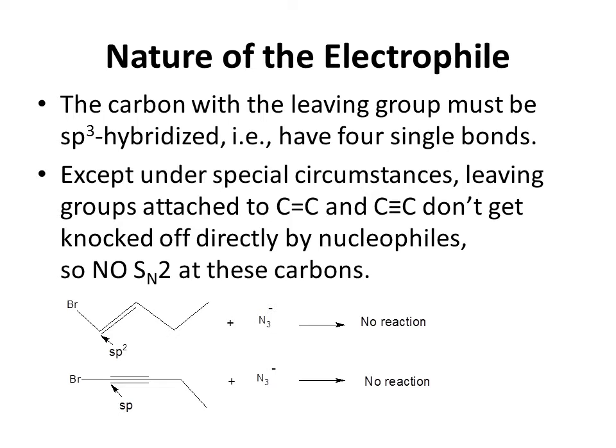If you think about sp3, only 1/4 of an sp3 hybridized orbital is S character, for 25%. Whereas with sp2, it's 1 out of 3, so that's 33%. And the more S character, the shorter and stronger the bond will be.